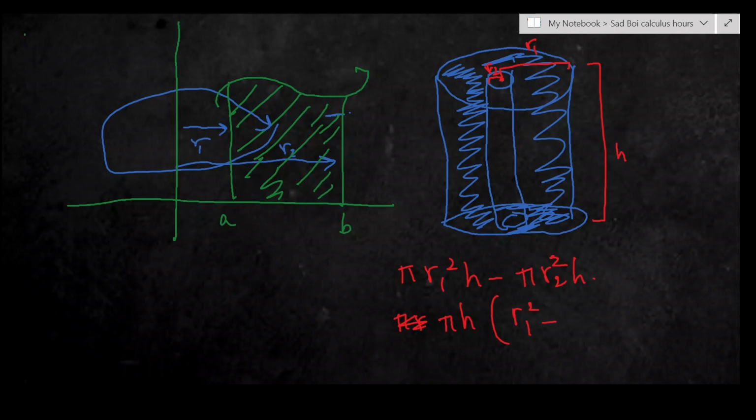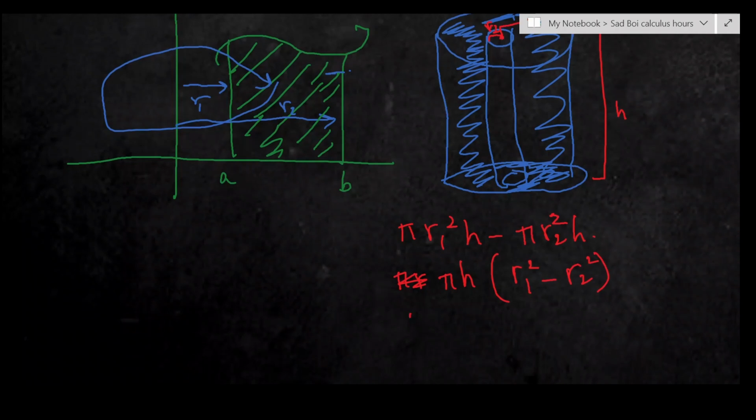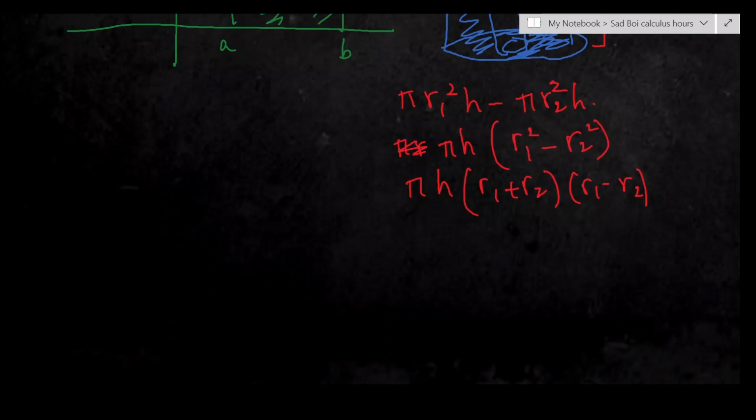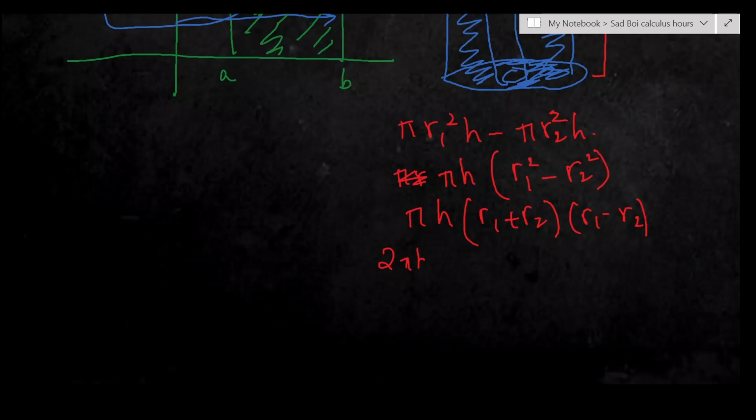Well, we're going to rewrite this as pi h times r1 squared minus r2 squared. Rewriting this again, we have r1 plus r2 times r1 minus r2 using the difference of squares identity.